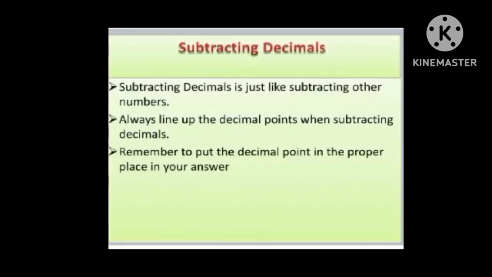Let us move on, kids, to subtracting decimals. Number 1: Subtracting decimals is just like subtracting other numbers. Number 2: Always line up the decimal point when subtracting decimals. Number 3: Remember to put the decimal point in the proper place in your answer.